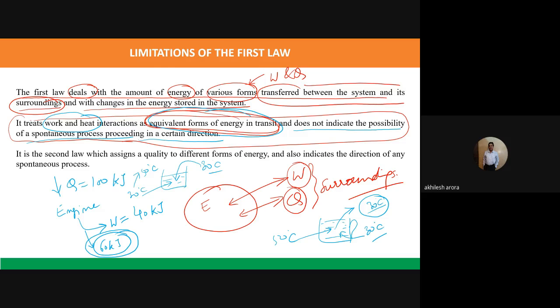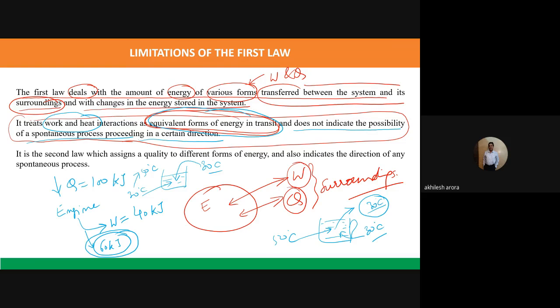Okay, so all spontaneous processes occur from, you can say, the concept of the driving potential. Where the potential is high, the flow will take place towards the lower potential. For example, in an electrical circuit, the electrical current will flow towards the lower potential.